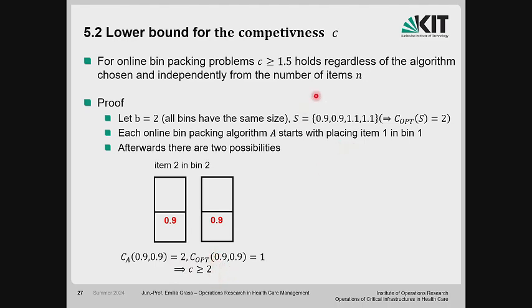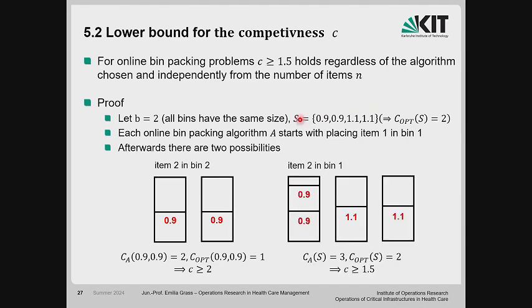If we consider the entire sequence, what we also could do is place both first requests in the first bin, and the next one, 1.1, is placed in the second one, but the last request of 1.1 doesn't fit into that one anymore, so we have to open a third bin.